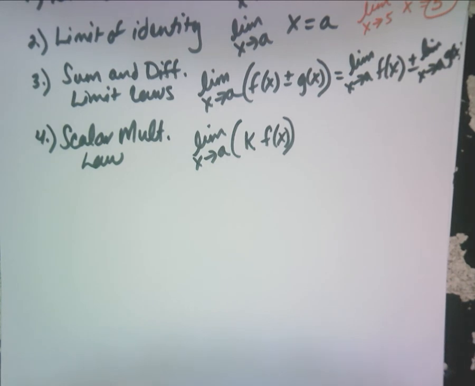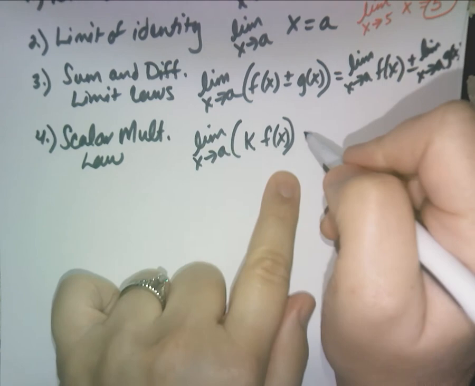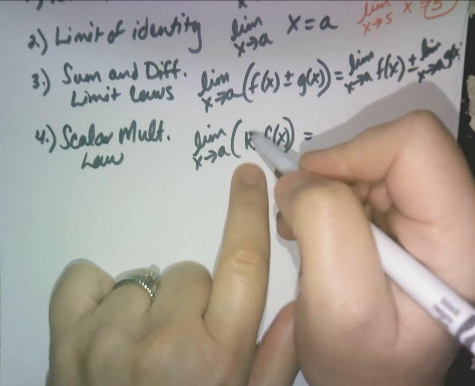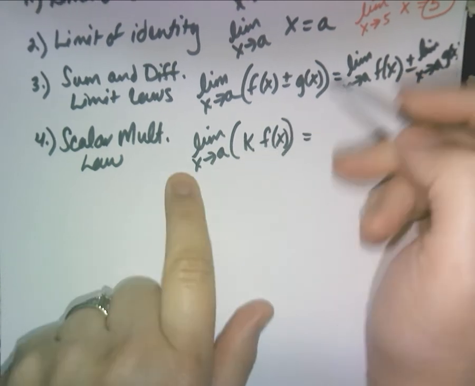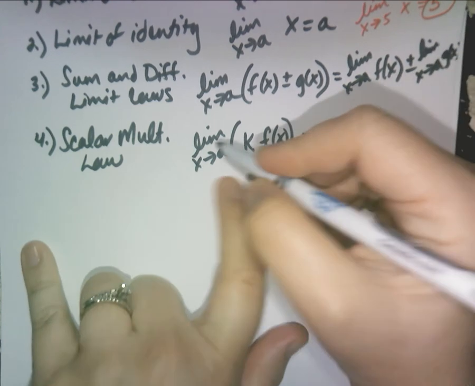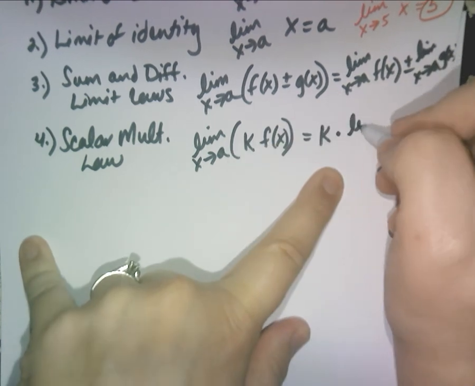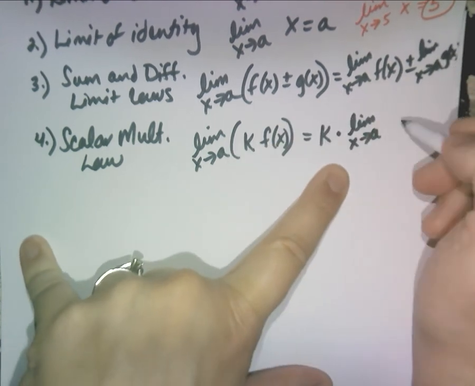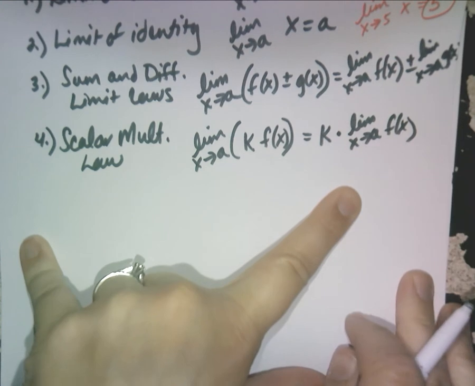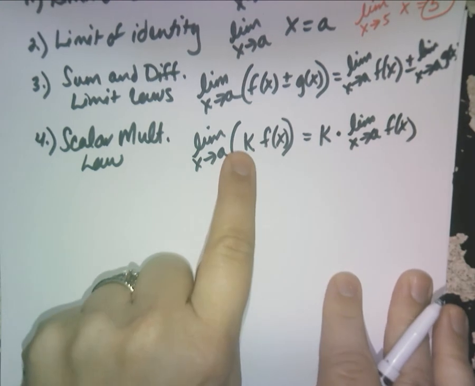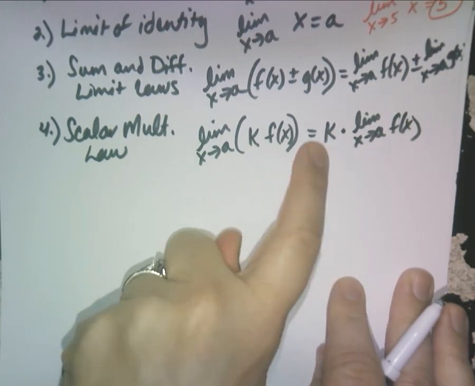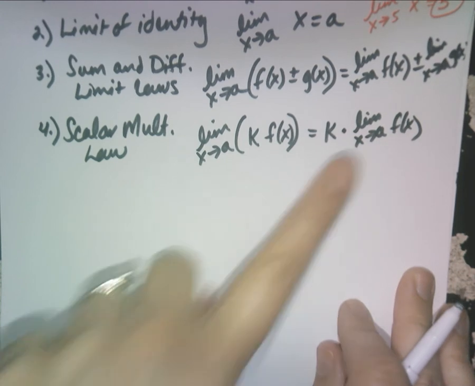K is a scalar, a number. Now, what you're allowed to do is take that k out and then multiply it by the limit of the function. So if this was a 2 and this was an x squared, you could take the 2 out and then just take the limit as x approaches a of x squared.